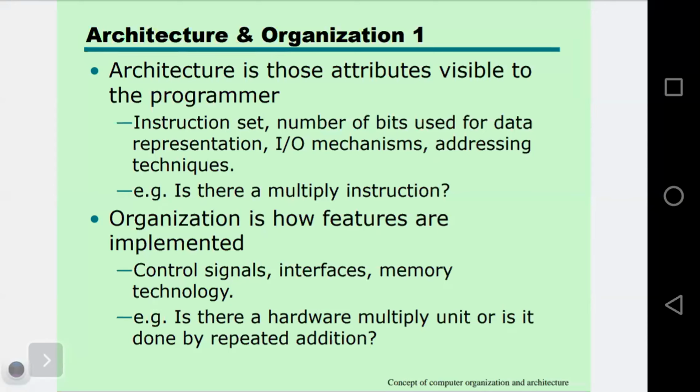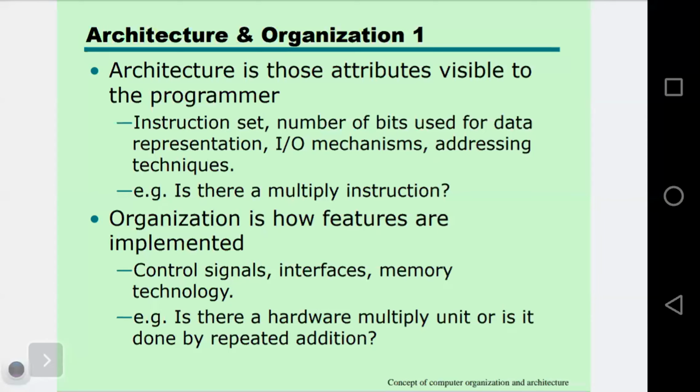These things come under the architecture, that is the instruction set, the instruction for the multiplication. Is there a multiply instruction? These things come under the architecture.